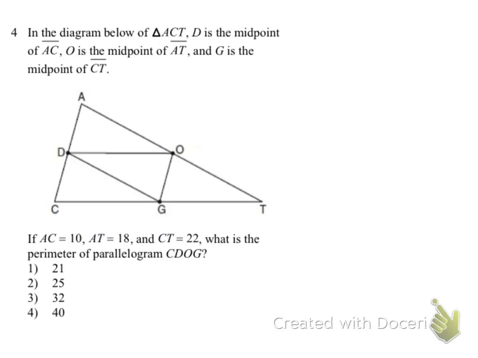Alright, let's look at number 4. So D is the midpoint of O, and G is the midpoint. So we realize that these are mid-segments right over here. Same thing as the last question. They have mentioned that AC is equal to 10 and AT is equal to 18 and CT is 22.